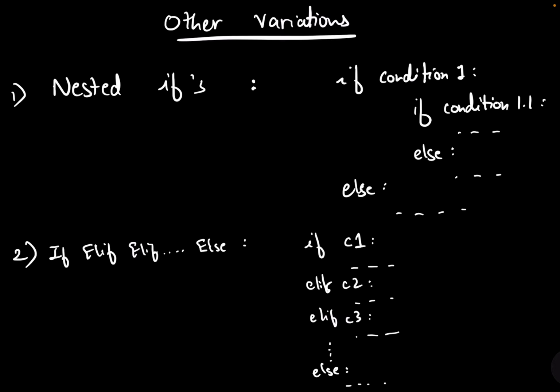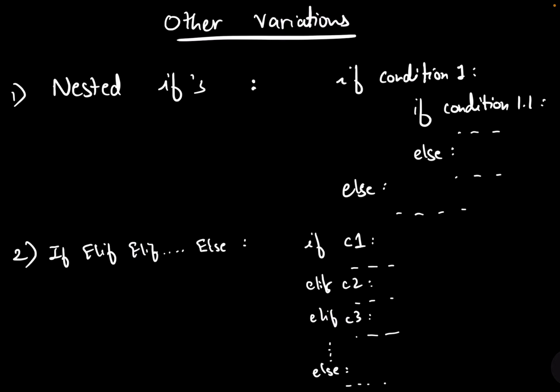The other variation is an if elif ladder. Instead of having just one elif condition, we can have multiple elif conditions and then terminate in an else condition if all these if and elif conditions are false. So basically the program will check if C1 holds, then it will try to execute the block of code written below C1.